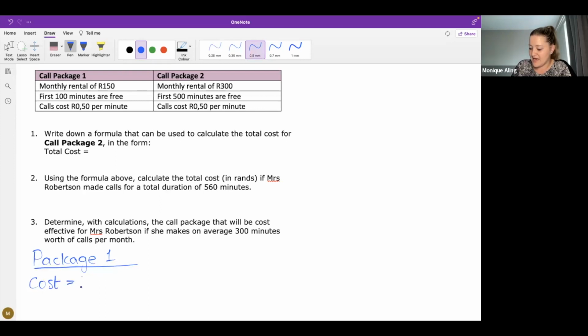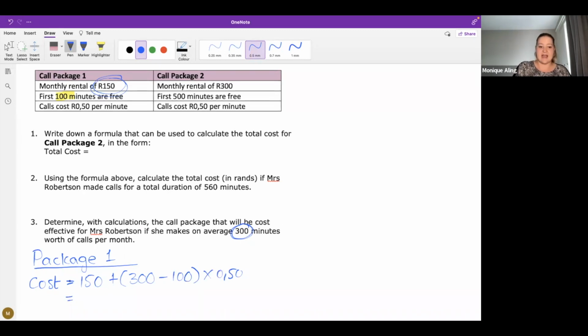So the cost would be 150 rand up front. We see that in the table on the core package side, plus we know according to the question that they're using 300 minutes, and according to package 1, you get 100 free minutes. I'm going to say 300 minus my 100 free minutes times the cost of 50 cents per minute.